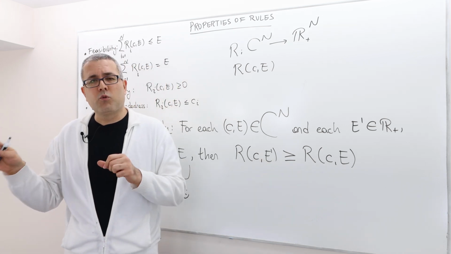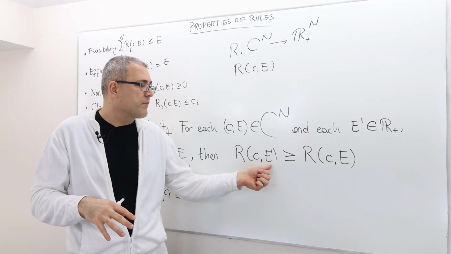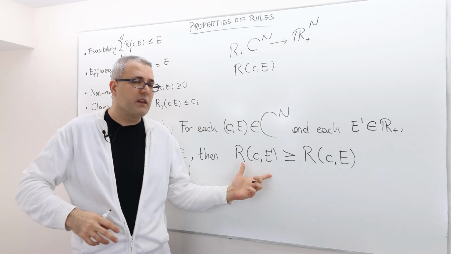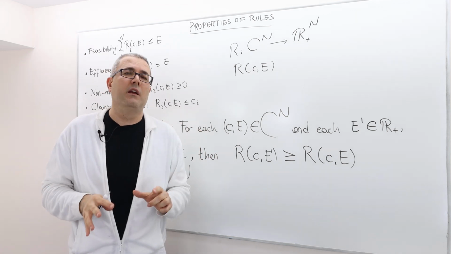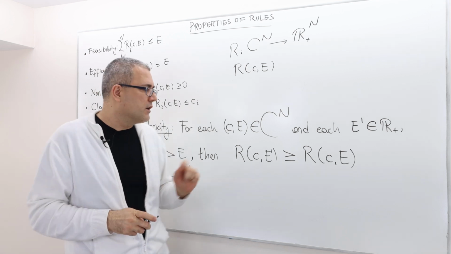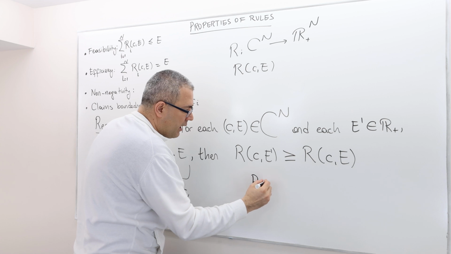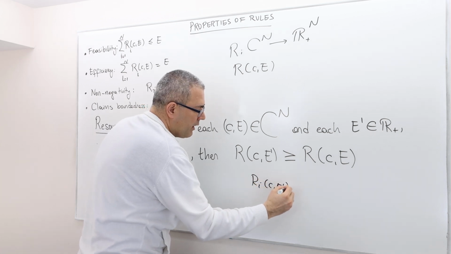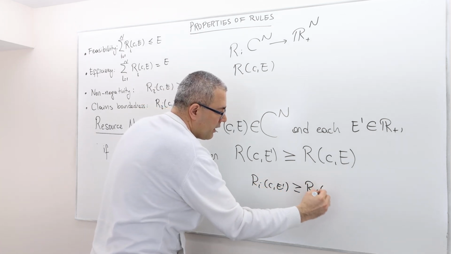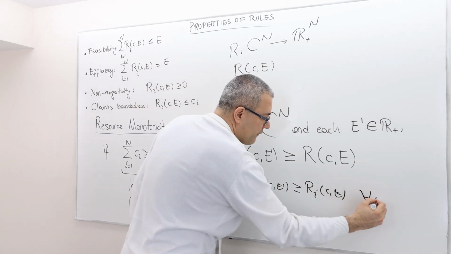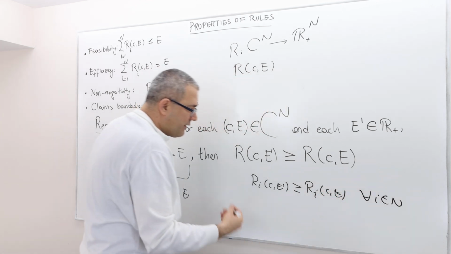If the surplus or the resource is bigger, then the award should be weakly bigger. Don't forget, greater than or equal to means R_i(C, E') is greater than or equal to R_i(C, E). These are real numbers for every i in N.